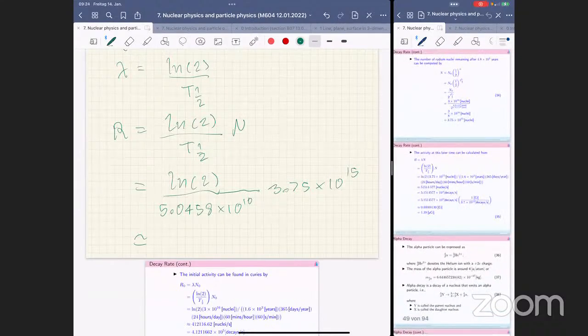N is 3.75, right? No. Rate is not that one anymore. Rate is this one. Oh no, the N, right? N is this one, and we need to multiply N.